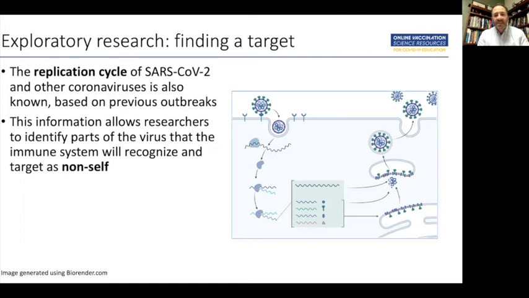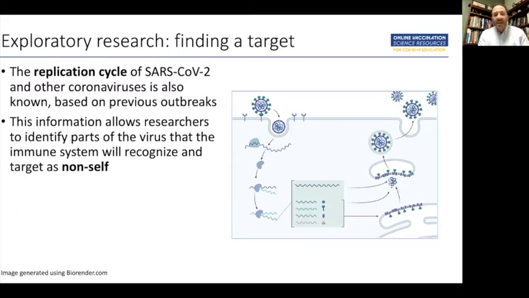So taken together with this information about what the virus looks like, researchers were able to identify parts of the virus that the immune system would recognize when it was making its response, and how the immune system was able to recognize that virus as being non-self. So that's the big distinction: being able to tell the difference between what things belong to our bodies and what things are outside invading pathogens, and being able to respond accordingly.